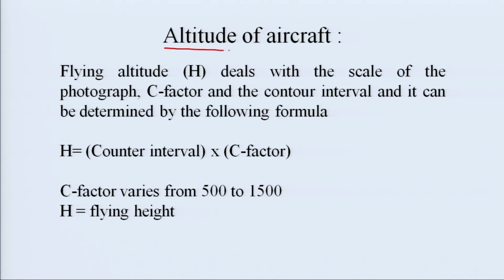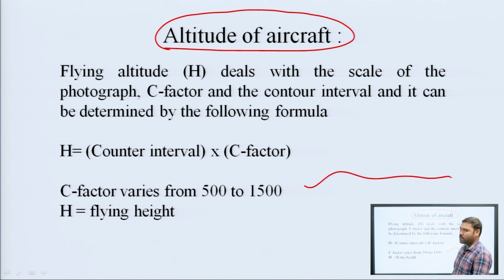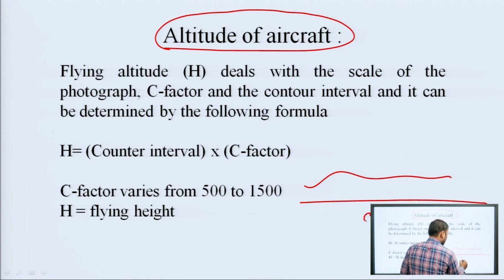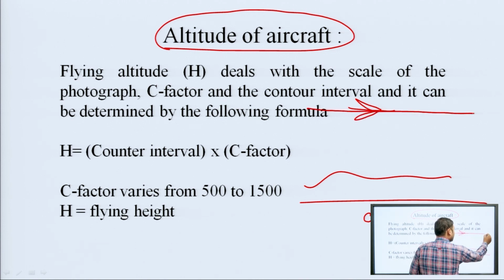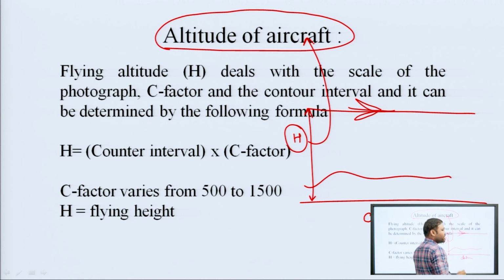Now, talking about the altitude of the aircraft. What is the altitude of the aircraft? Altitude, that is H. If this is the ground and this is a datum, assuming an aircraft, then this is the line of flight, and this total distance H is defined as the altitude of the aircraft.